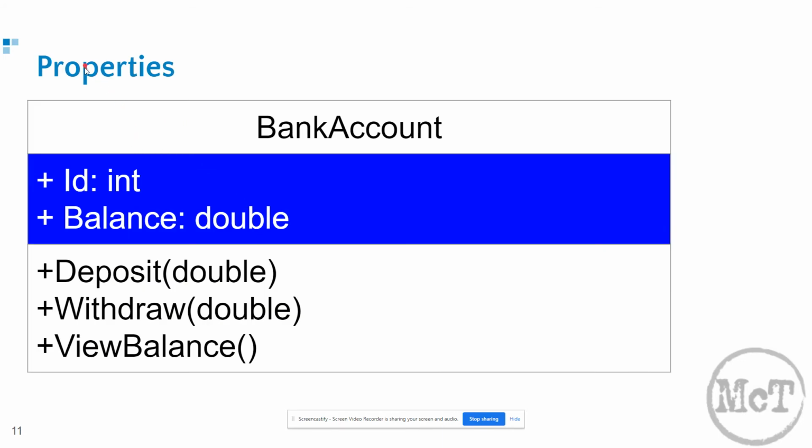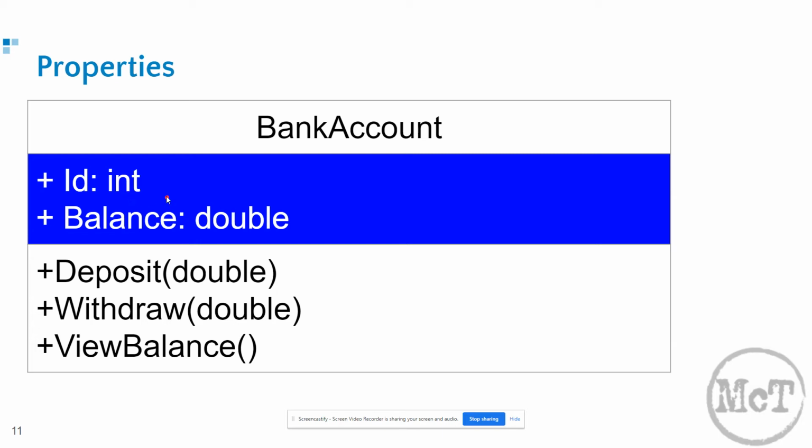The first thing I look at are all the properties. These are kind of the variables that belong to the bank account class. So I've got a plus sign. This indicates that they're public, the name of the variable, and then what type of data. The way this is structured is it doesn't matter what programming language you're using. You can see what you want the variable to be named and what type of data it is.